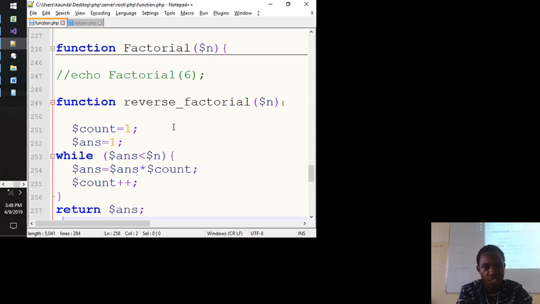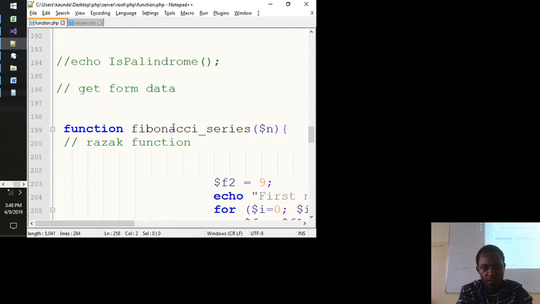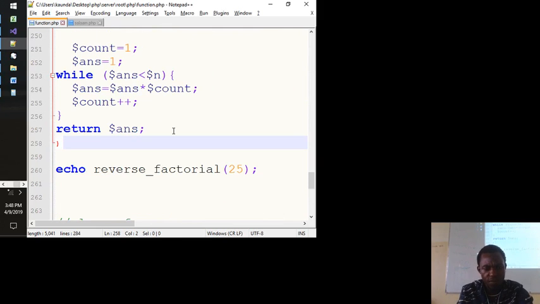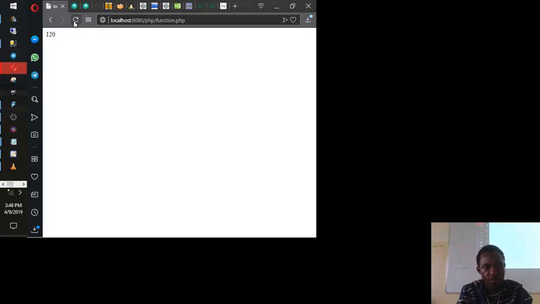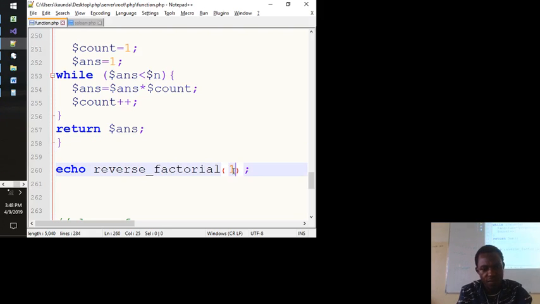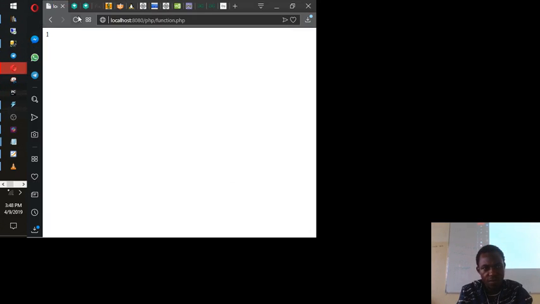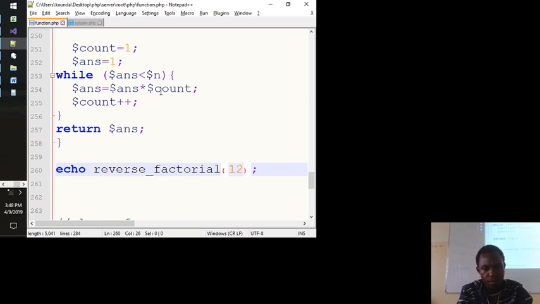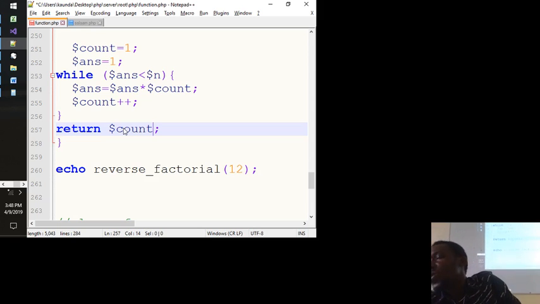Are we sure the correct thing is outputting? This is 12. The value is 6.